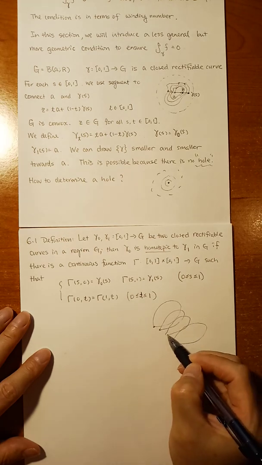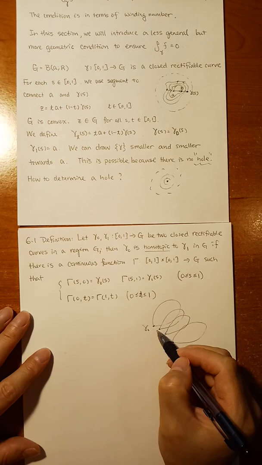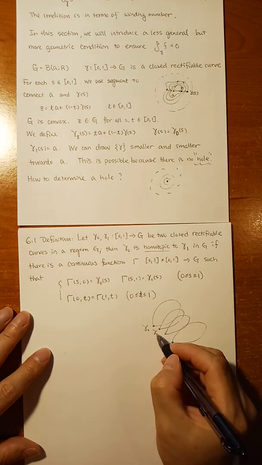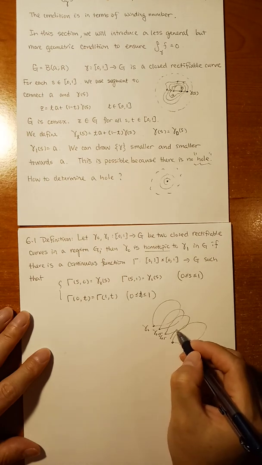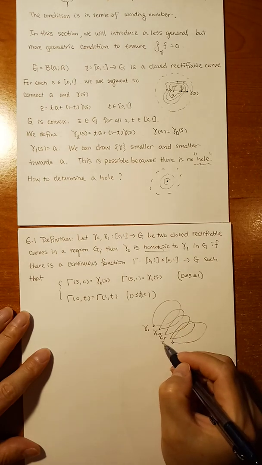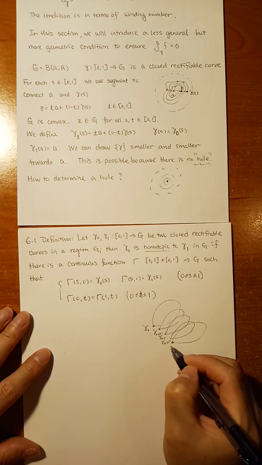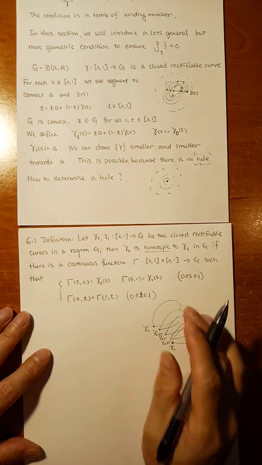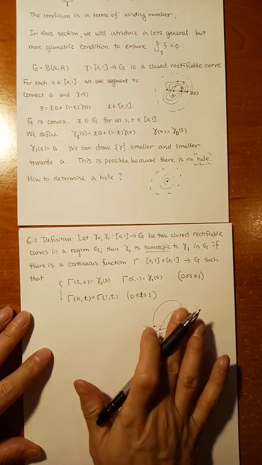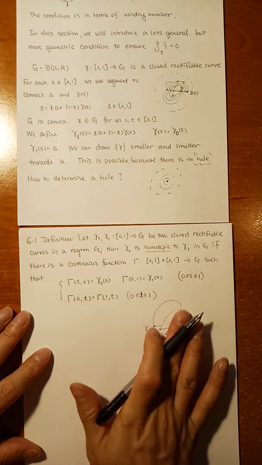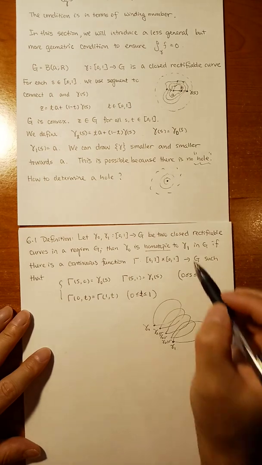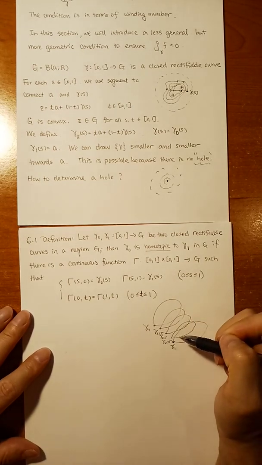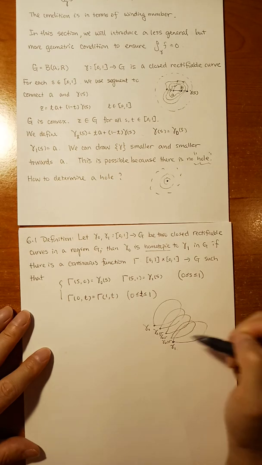So this is gamma 0, this is gamma 0.25, this is gamma 0.5, this is gamma 0.75, and this is gamma 1. So you can continuously deform gamma 0 to gamma 1. This is a continuous deformation.